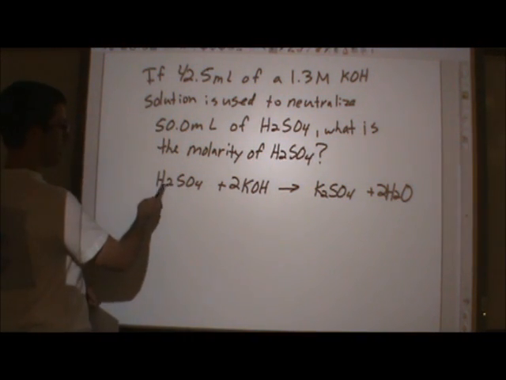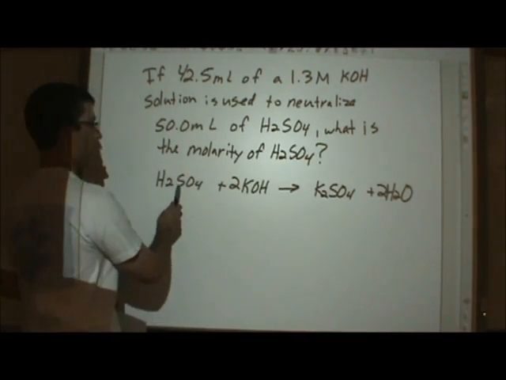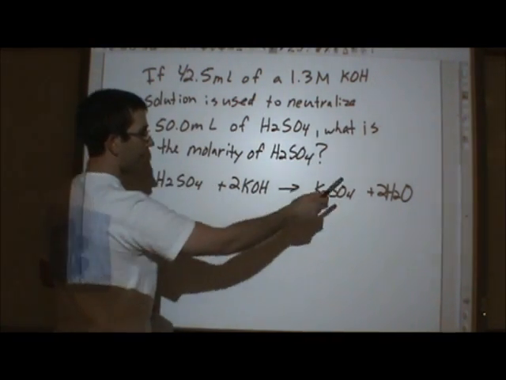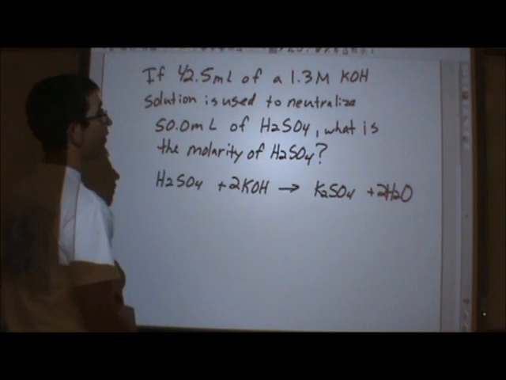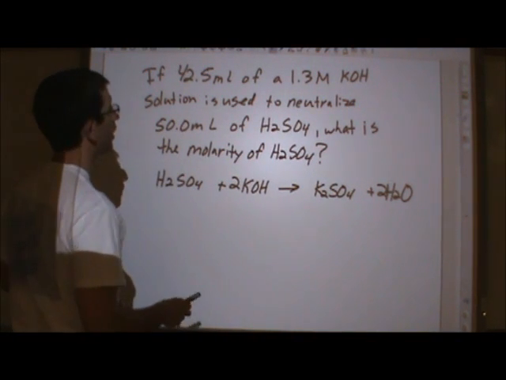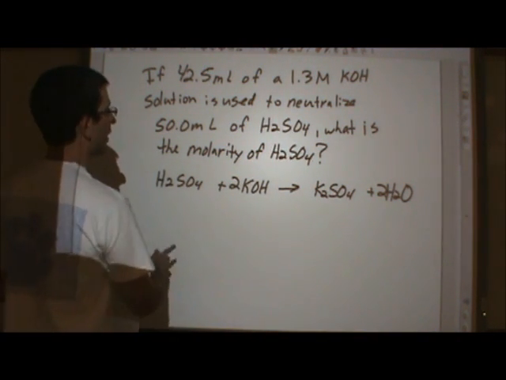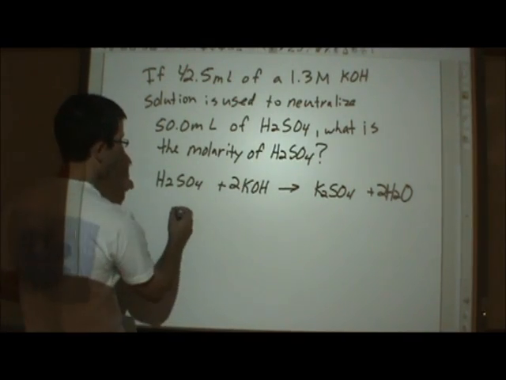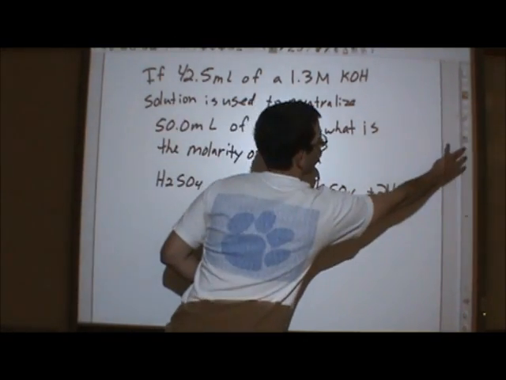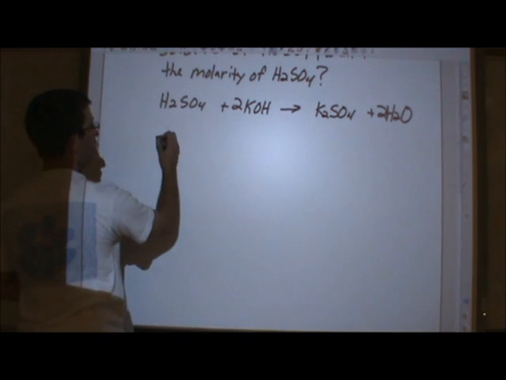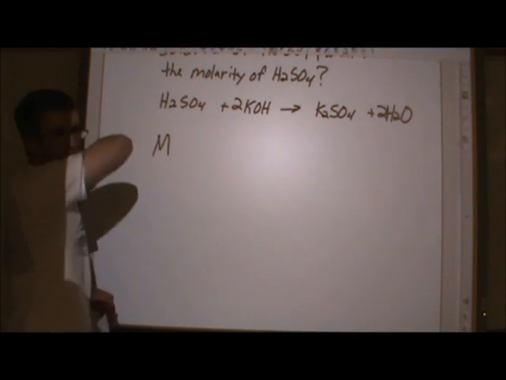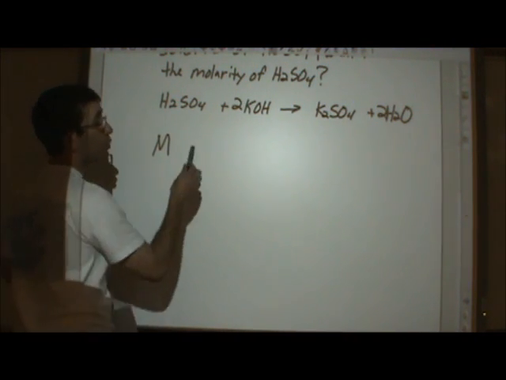Alright, let's make sure these are balanced. So 2, 4, 4, sulfate, sulfate. They look good. Alright, so let's plug into our equation. Alright, remember our acid was on this side. So we don't know the molarity of H2SO4, our molarity of our acid. Do we know the volume?